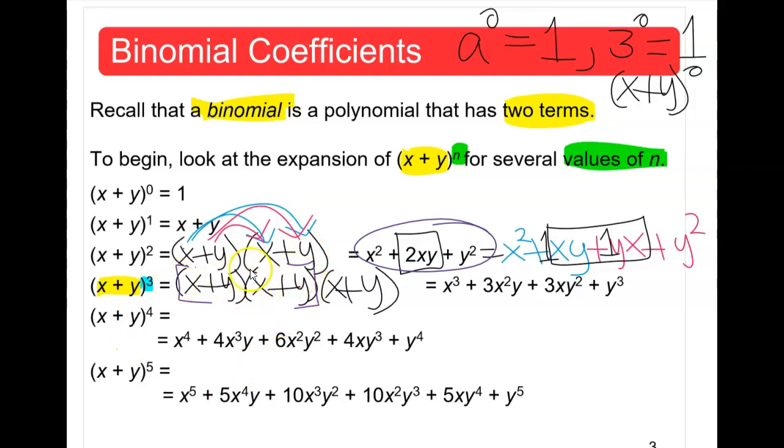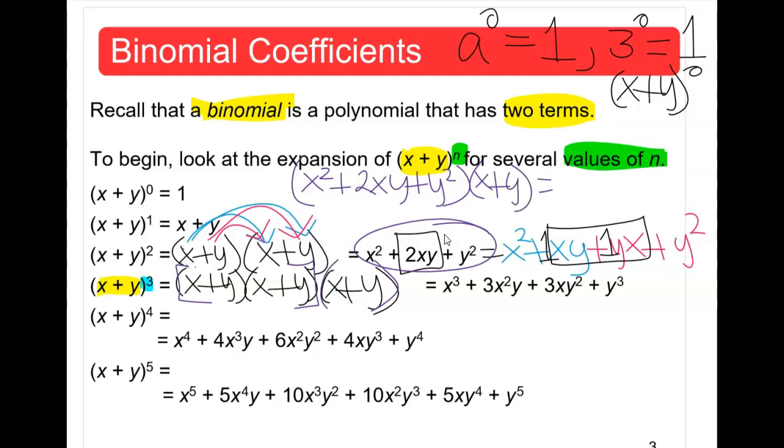And so with that, we will have x squared plus 2xy plus y squared times the other x plus y that we have here.